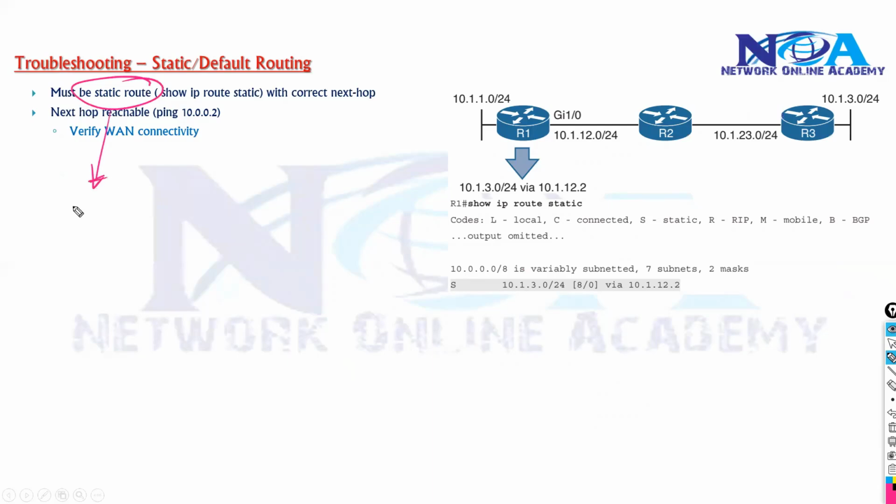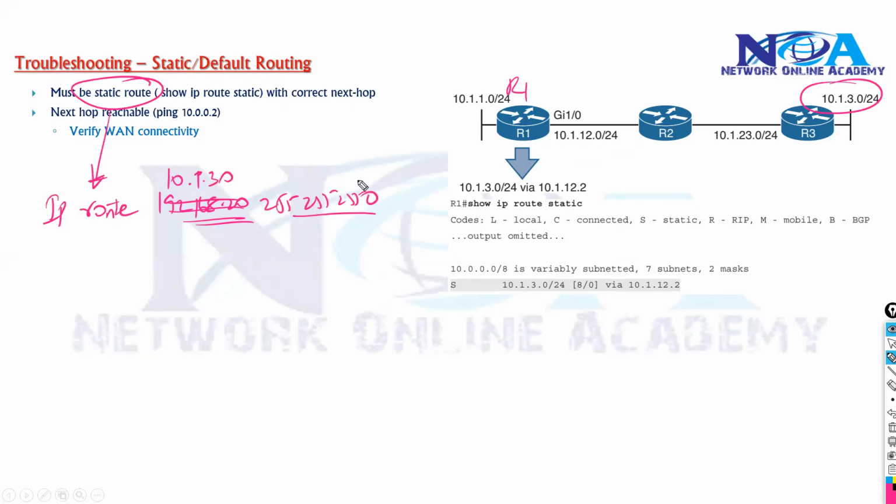To configure it, we give ip route and then define the destination network ID, let's say from router 1 for this one 10.1.3.0, then the subnet mask, I'm assuming /24, and then the next hop IP address, 10.1.12.2, let's say. Based on this configuration, it is going to write this entry in the routing table.